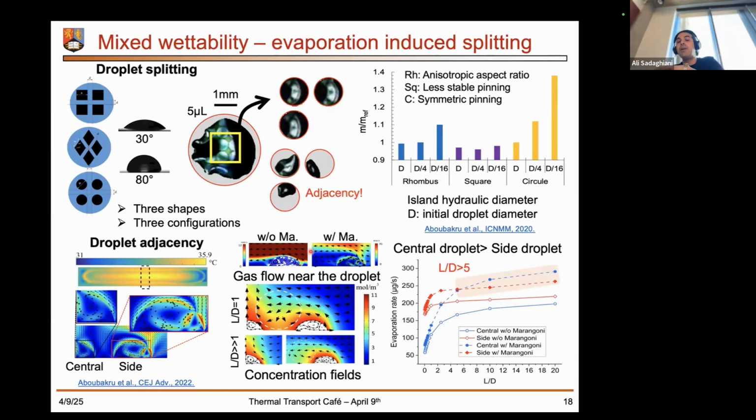But as the distance between the center and side droplets increases, in the presence of Marangoni flow, there is a circulation of the vapor concentration near the side droplet, which in turn results in the reduction in evaporation rates, meaning that the side droplet has lower evaporation rate than the central droplets.